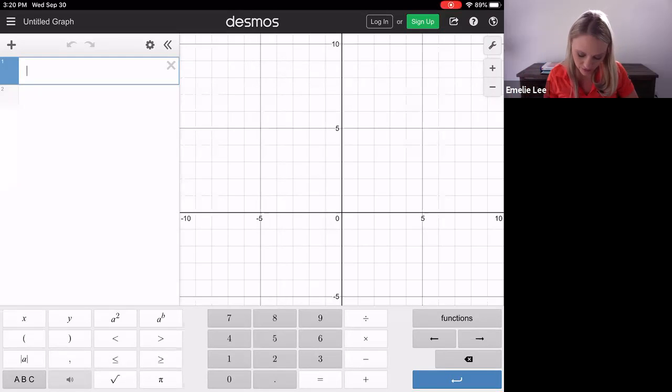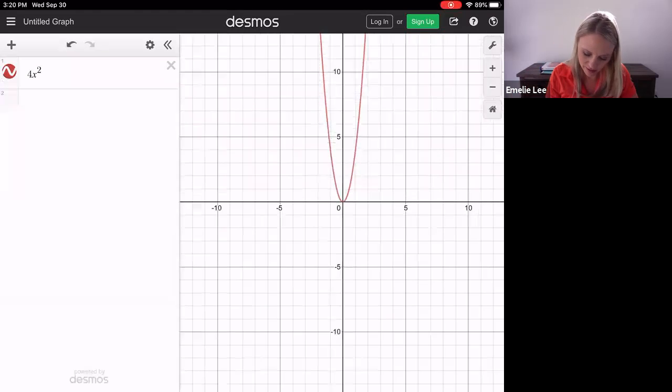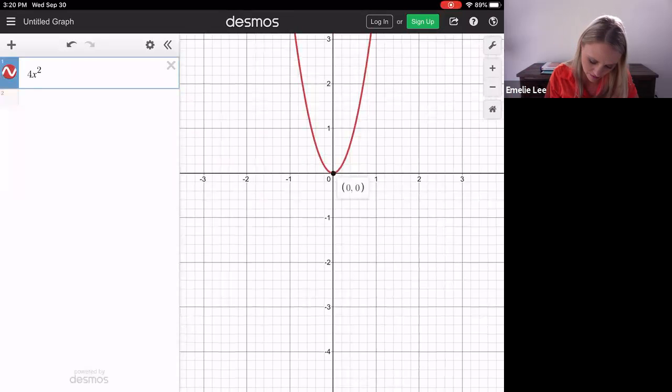You can just kind of graph. 4x squared looks like this. You can kind of zoom out, and what else can you do? Move the dot. I think you can move the dot. Oh, 0, 0. Oh yeah, there. Anyways, it can do a bunch of cool stuff.